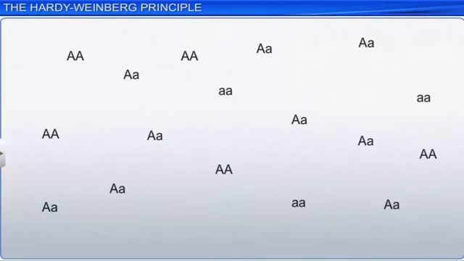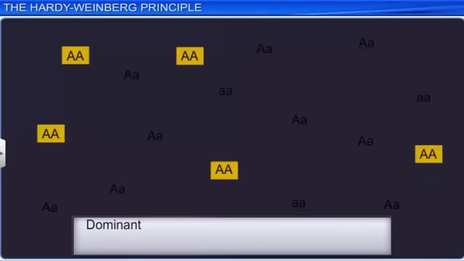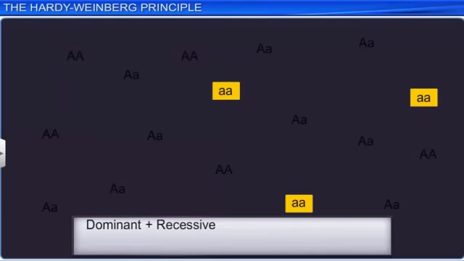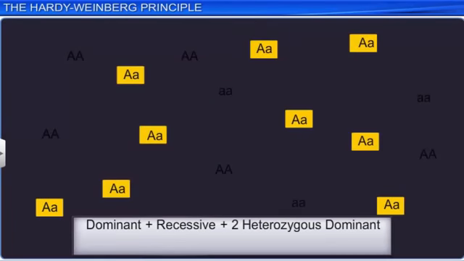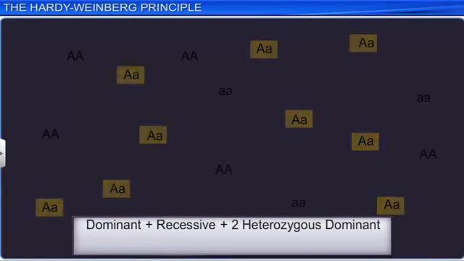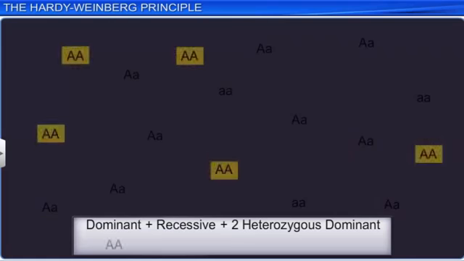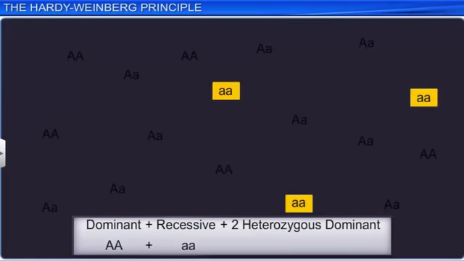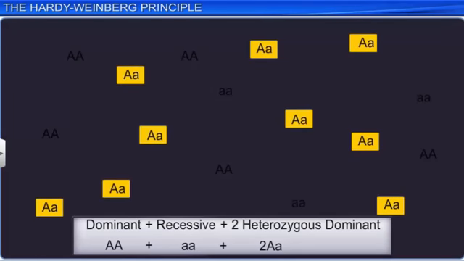The sum of all these frequencies is homozygous dominant plus homozygous recessive plus 2 times heterozygous, which can also be expressed as capital A capital A plus small a small a plus 2 times capital A small a.